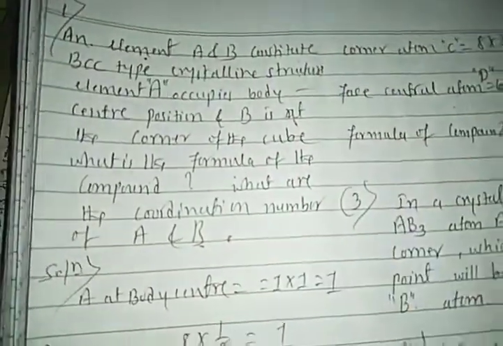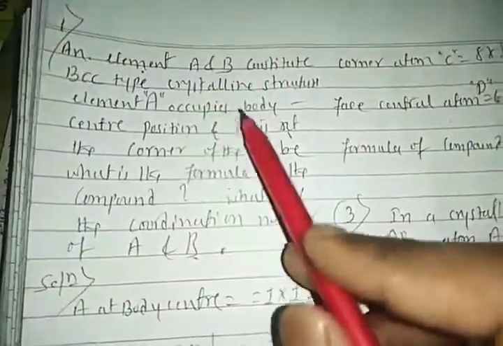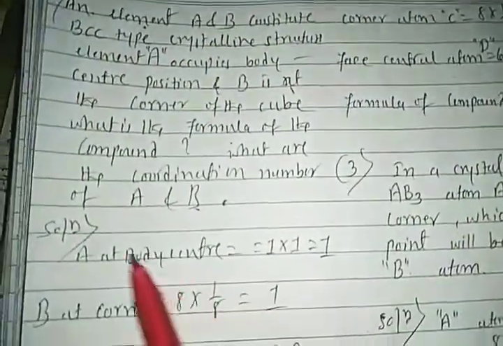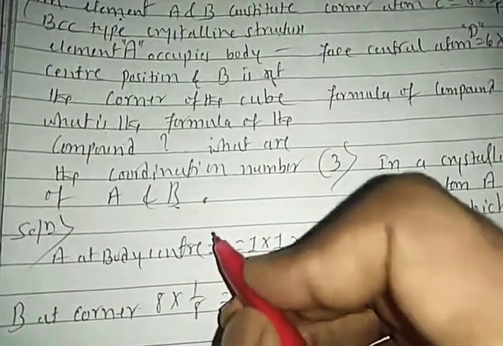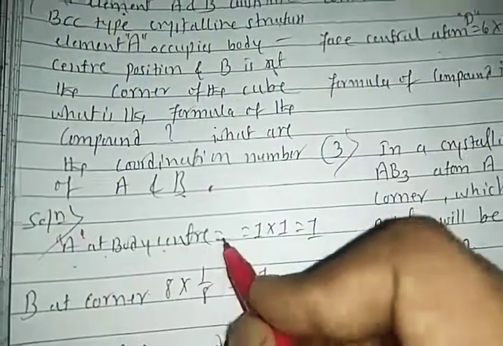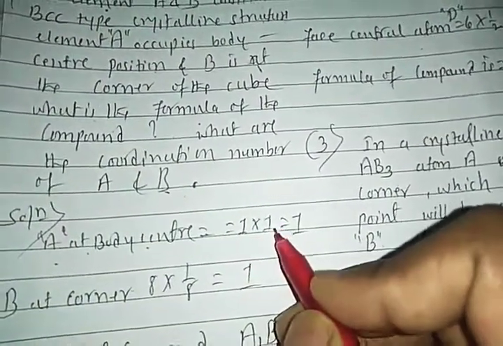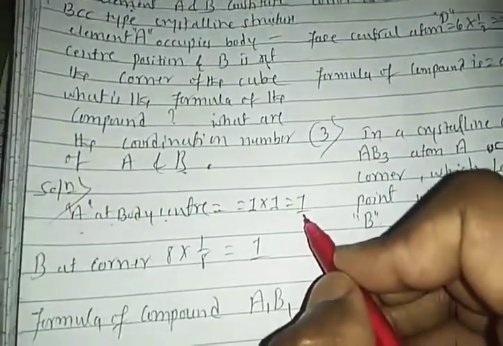So A occupies body center, B occupies corner. A at the body center: one atom, contribution is 1, total is 1.